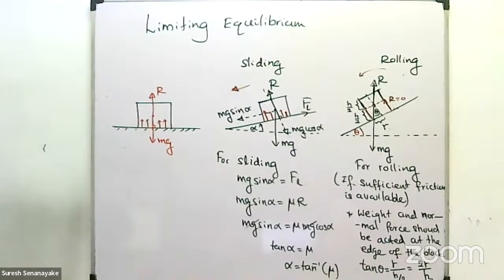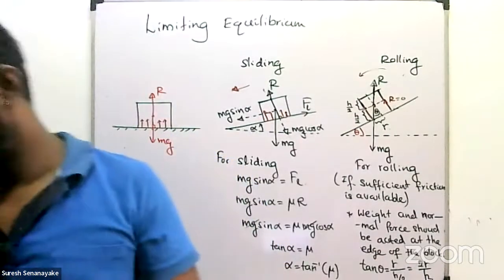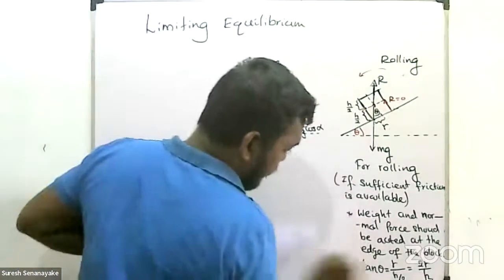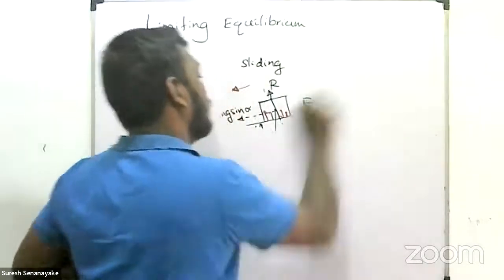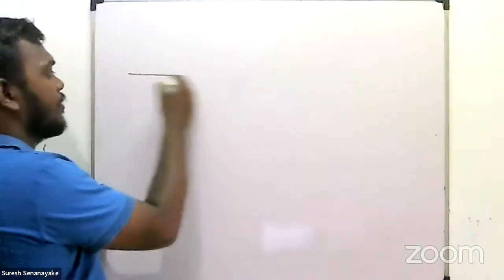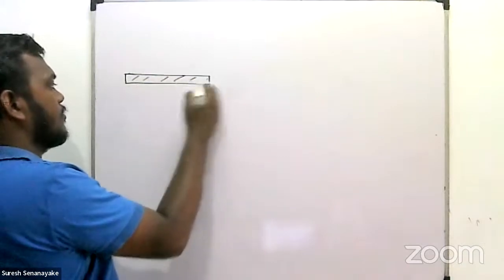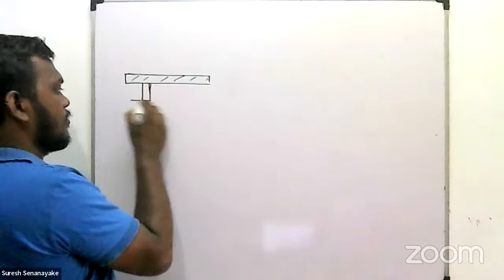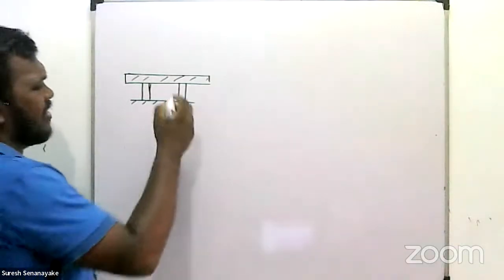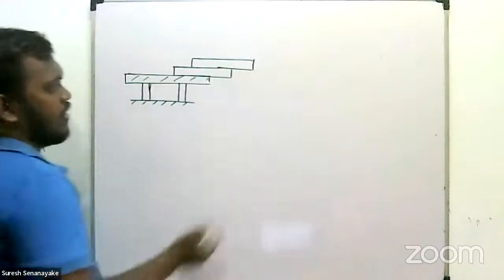Okay, let's see some practical. Two blocks are placed at the edge of the table as shown in this figure.